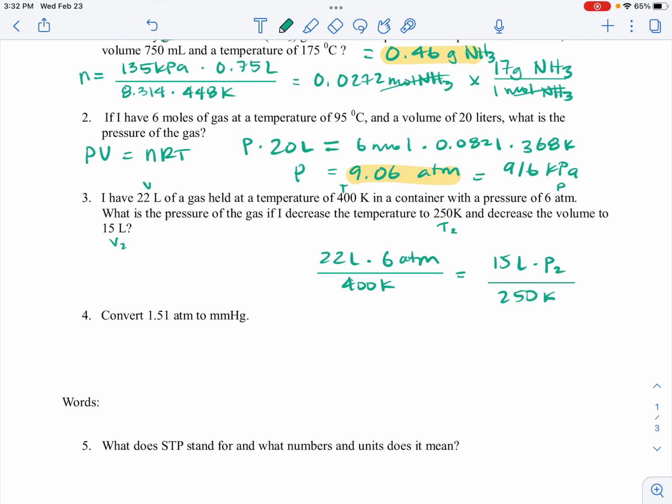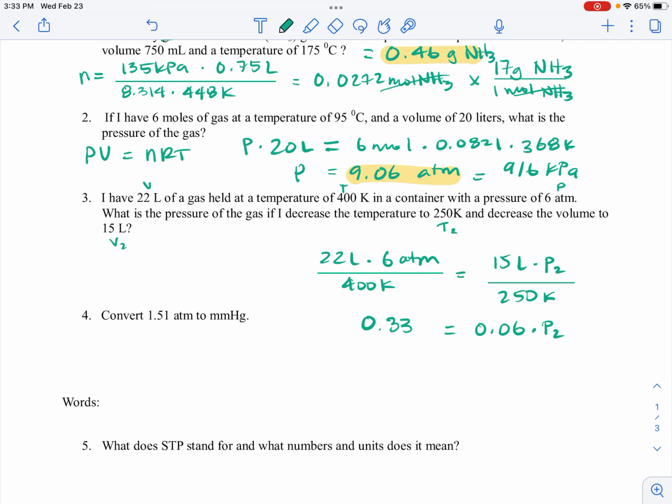I think most people like to solve this by simplifying both sides. So you're going to have something like 0.33 on this side, and on this side, if you do 15 over 250, something like 0.06 times P2.